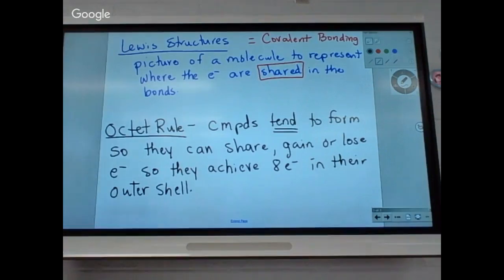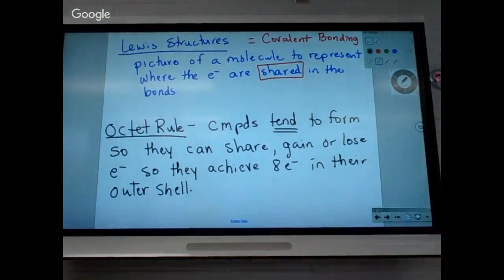Compounds tend to lose, gain, or share electrons, so they achieve 8 electrons in their outer shell. Notice I use the words tend to form.